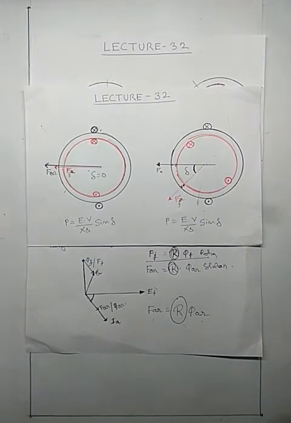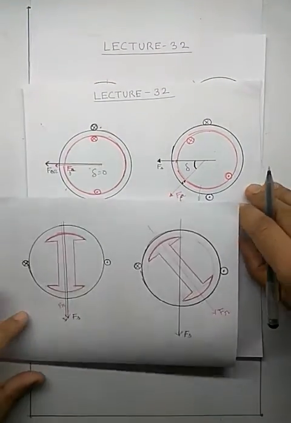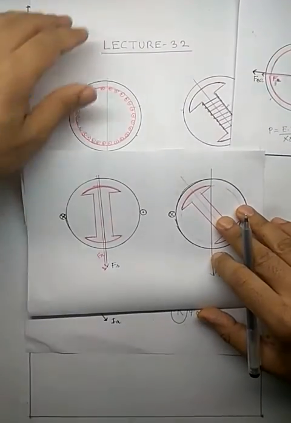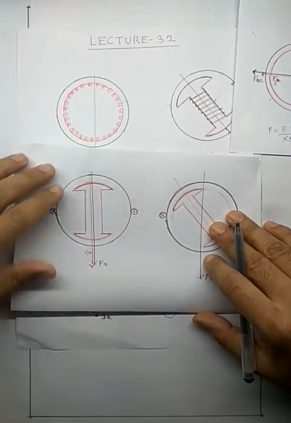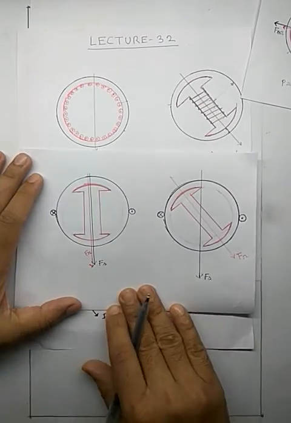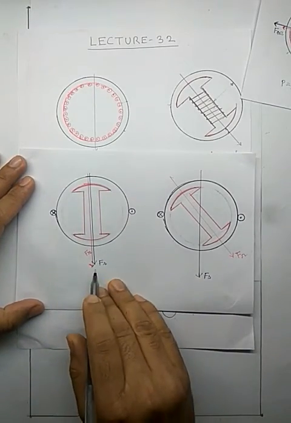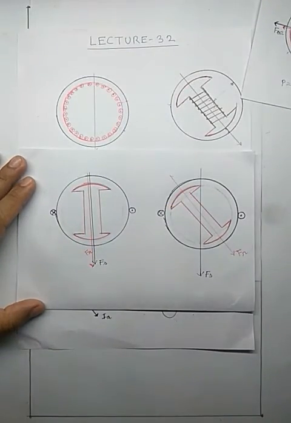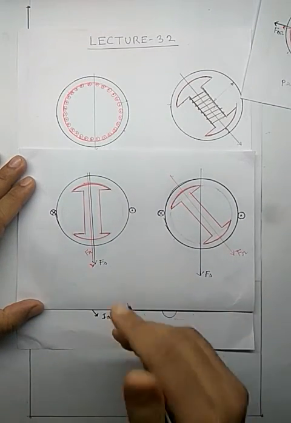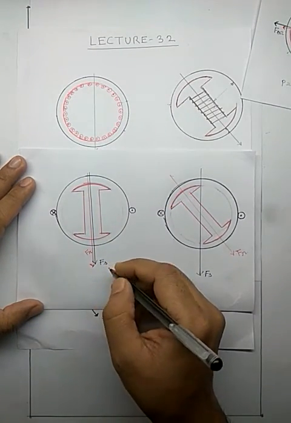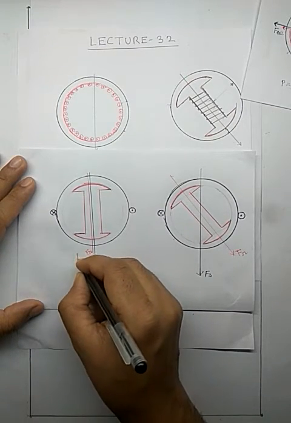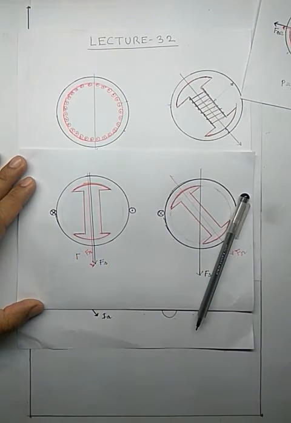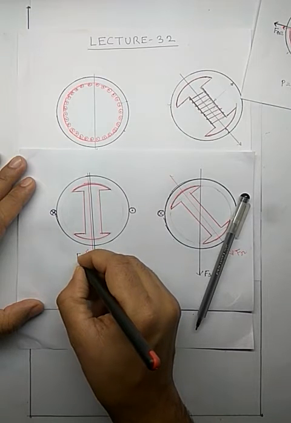Now come to this diagram. If you look at this diagram, this is the diagram at no load. You can see that the red line indicates your rotor flux and the black line indicates your stator flux. Let's rename them as per our previous convention.